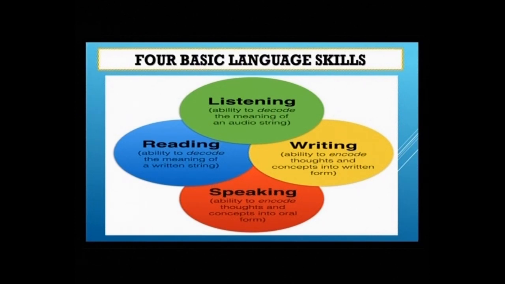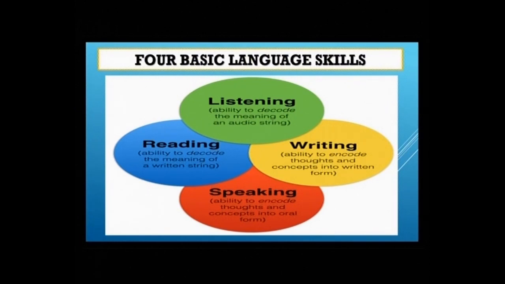Third one is reading. It is an ability to decode the meaning of a written string. It means to comprehend the meaning of what has been written. We get something in written form, we read it and try to understand it.